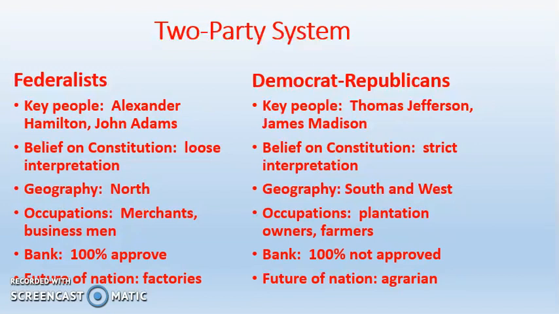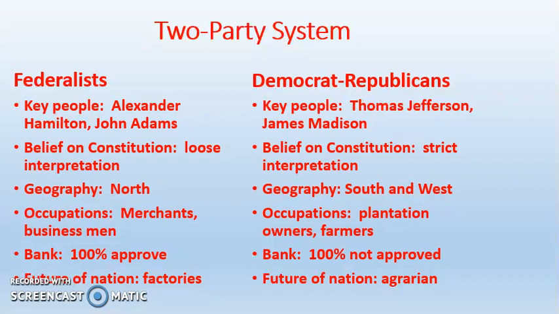If you can dream it, you can do it. They believe in implied powers. The Democrat-Republicans believe in a strict interpretation of the Constitution. If it is not written, you cannot do it. They are not dreamers like that. They are very literal with the interpretation of the Constitution.